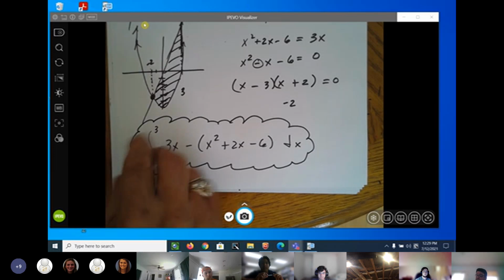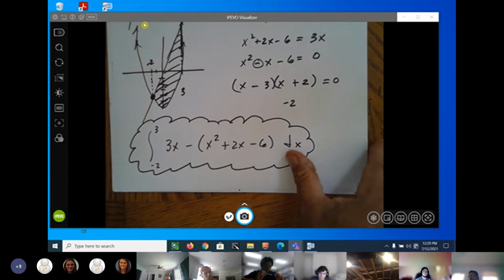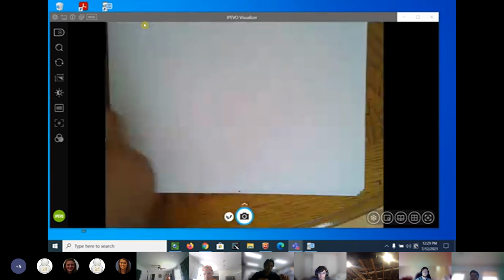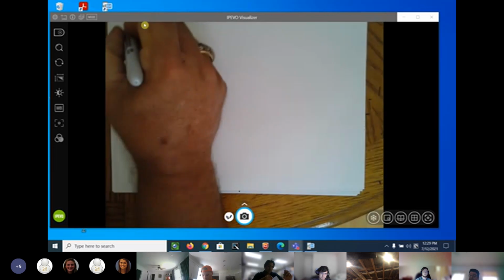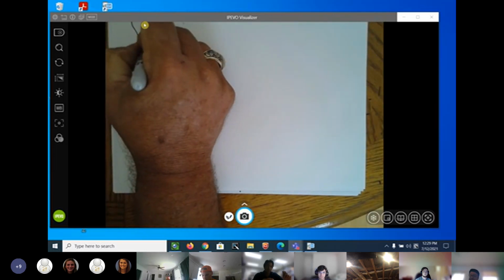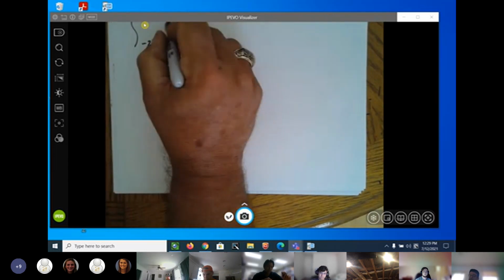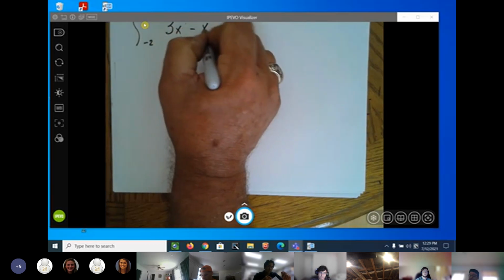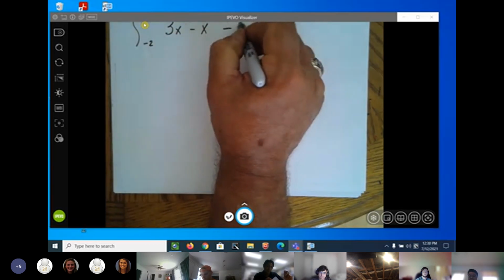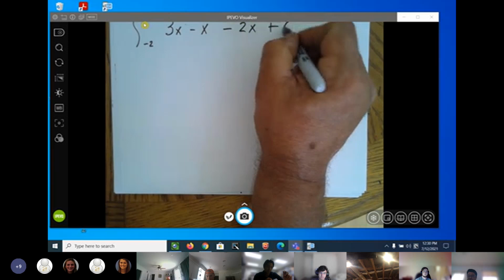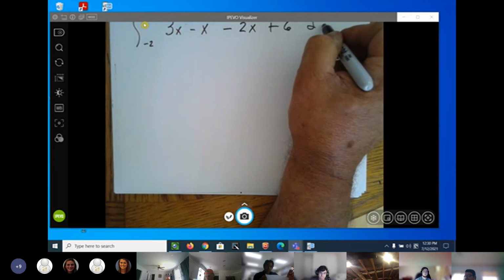All right. So that's your setup. So now we're going to move on to solving it. So the antiderivative from -2 to 3 of 3x minus x squared minus 2x plus 6 dx.